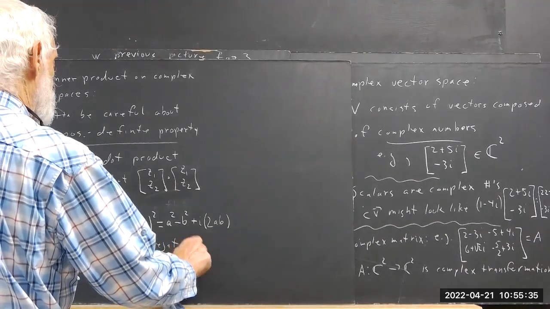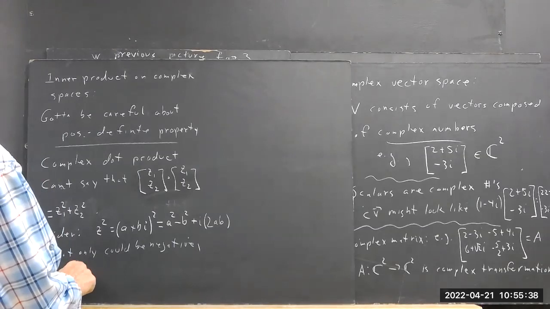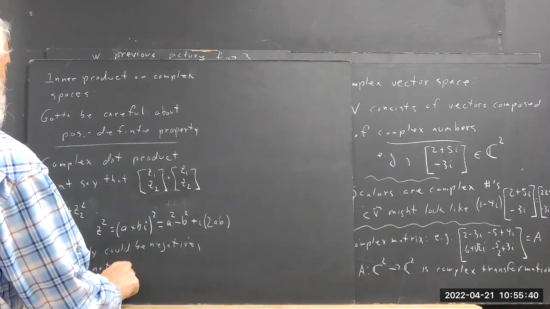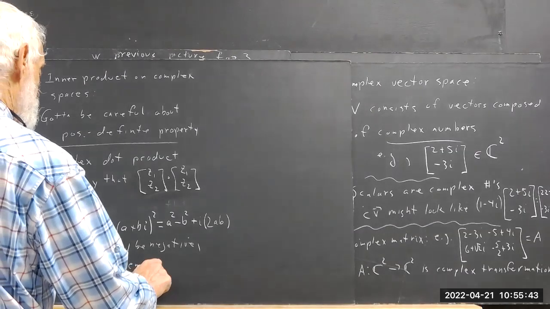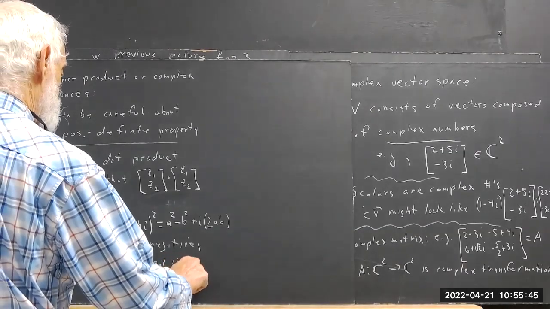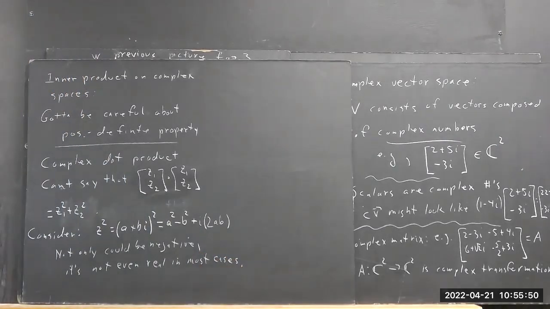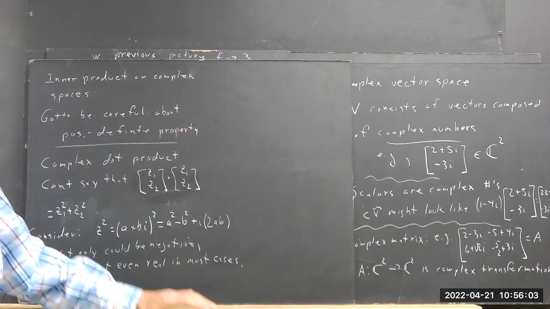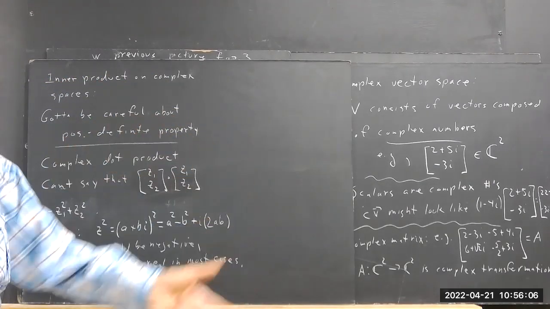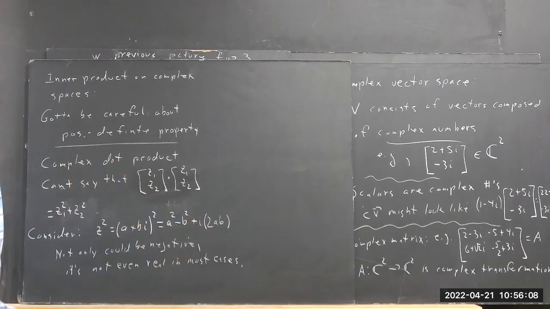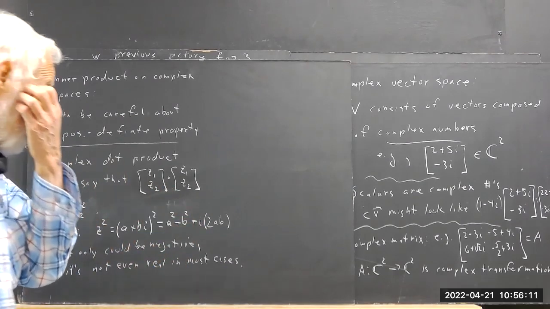This not only could be negative, it's not even real in most cases. So this wouldn't make any sense at all. Okay? Wouldn't make any sense at all as a dot product. And this is what gives a little twist to the matrix algebra and the properties of complex vector spaces when you get into inner products especially.